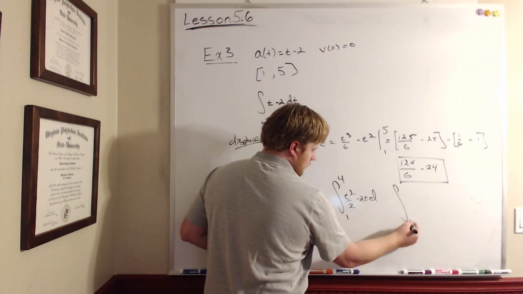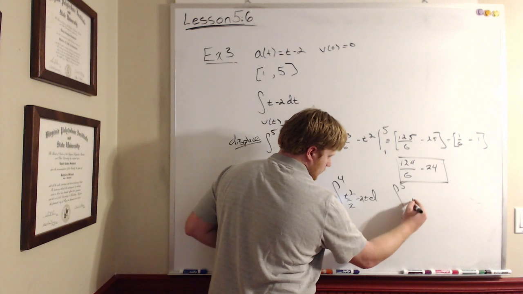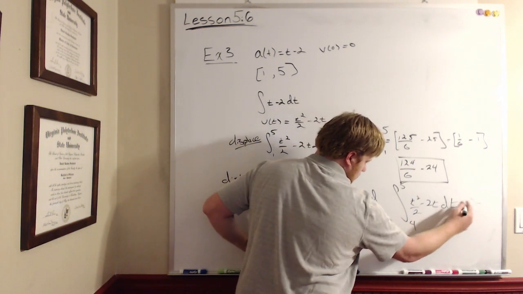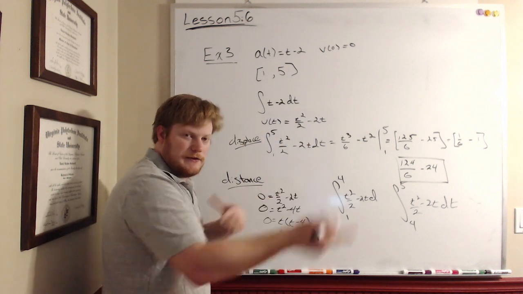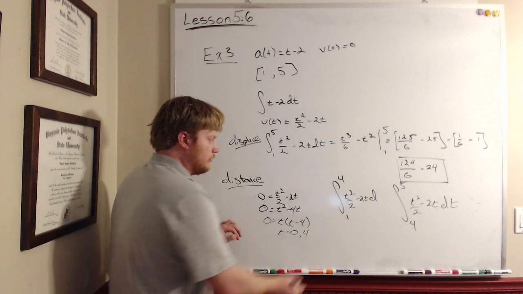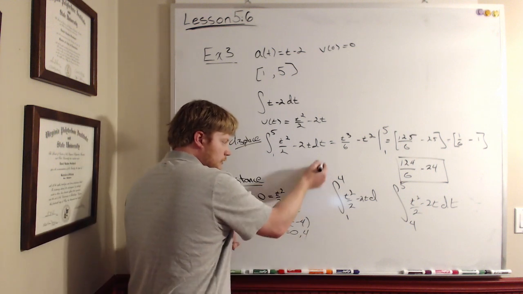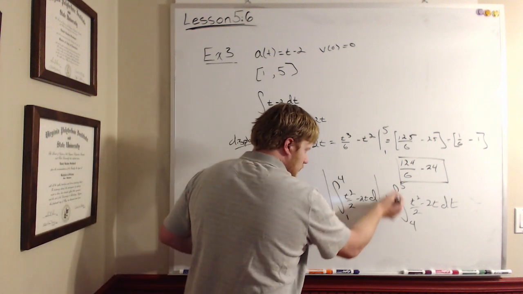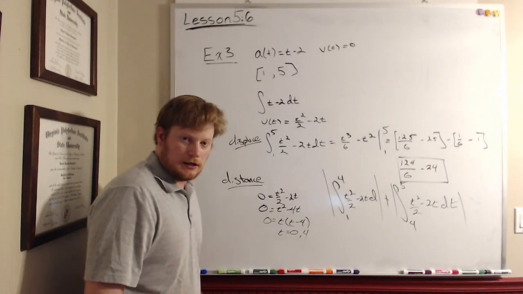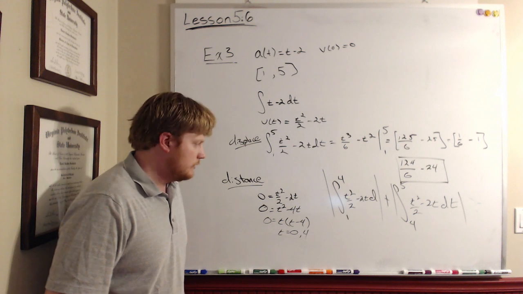And let's calculate the integral from 4 to 5 of t squared over 2 minus 2t dt. Okay. Let's get these two values. One of them might come out to be negative, and if it does, we're going to take the absolute value of it. So essentially what I want to do is that if any of those come out to be negative, we want to make them positive. Okay?